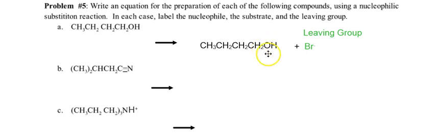So what's going to give me an alcohol? Well, it has to have an OH in it, right? So the question is, what will be the charge of my nucleophile? If this is neutral, what did we say yesterday? That the nucleophile must be negative. If we have a neutral product, then my nucleophile must be negative. So then what will be my substrate?